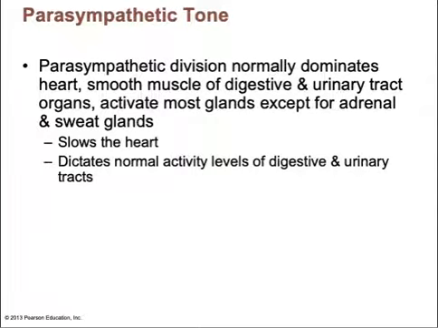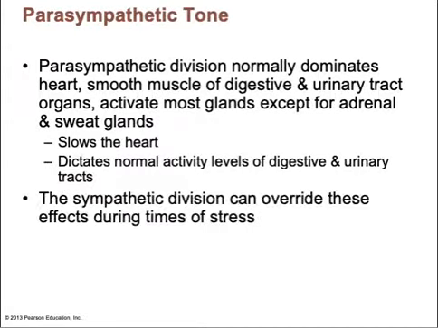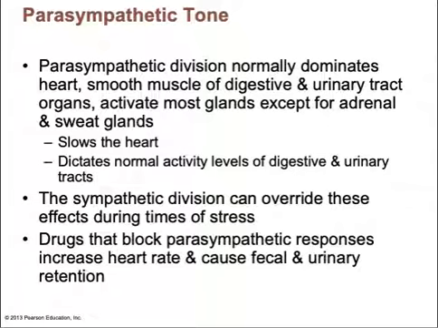It's going to dictate normal activity levels of GI and urinary, and can be overridden by the sympathetic division when fight or flight becomes something that we're aware of, right? Drugs that block parasympathetic response are going to increase heart rate and cause fecal and urinary retention, right? Because they're going to have essentially the same effect as sympathetic innervation, okay?